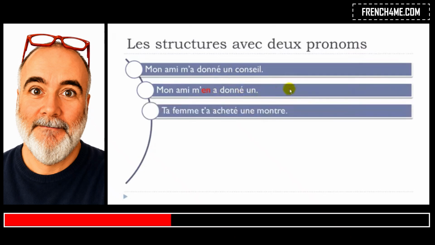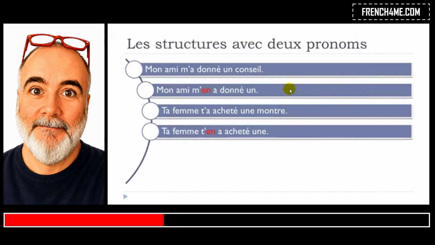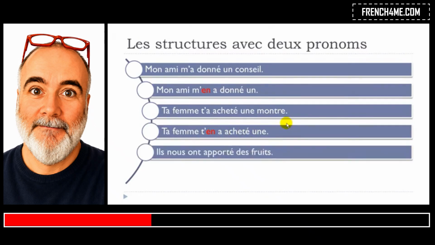Let's see now the same sentence that we had previously, but in the passé composé form. Ta femme t'a acheté une montre. Same thing here. Ta femme, te should be here, but with the vowel, we take away the e. En a acheté une. Ta femme t'en a acheté une. All right? And then, ils nous ont apporté des fruits.